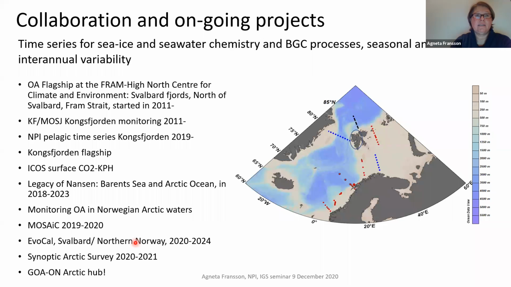We have the Nansen Legacy, a Norwegian project studying the Barents Sea and the Arctic Ocean, and the monitoring of the Norwegian Arctic waters, and also the drift project MOSAiC, where Polarstern has been drifting in the Arctic Ocean with the sea ice for 1 year. So all these projects also contribute to the research in the Arctic.